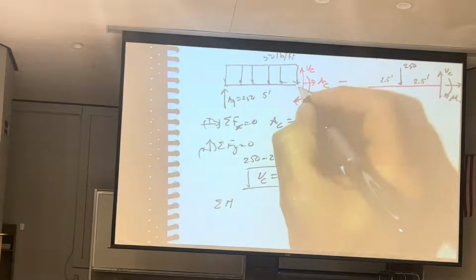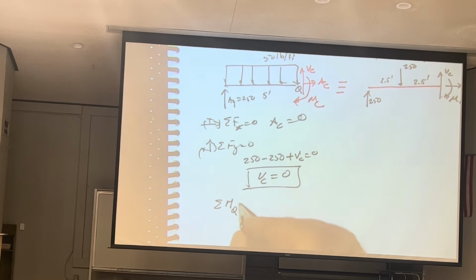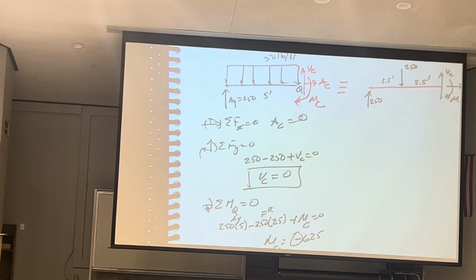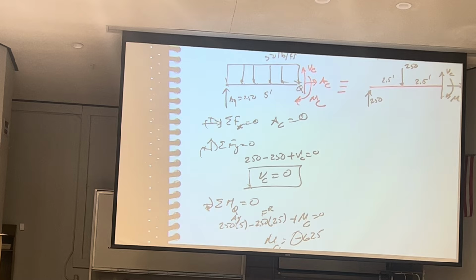Sum moments at Q equals 0, taking clockwise positive. That says 250 times 5 minus 250 times 2.5. This would be AY here. That's the load, single force resultant. Plus MC equals 0. MC is equal to minus 625. Minus tells me it ain't clockwise. Or MC is equal to 625 counterclockwise.